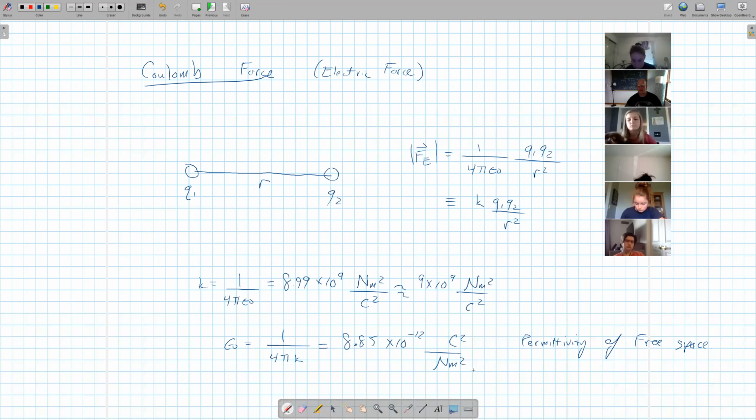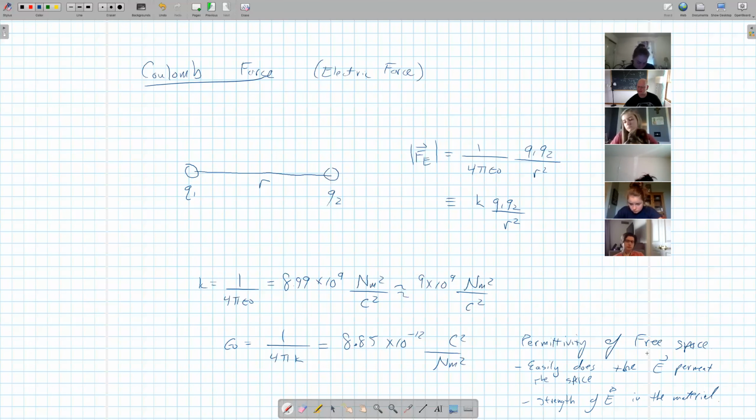You can think about the permittivity of free space in one of two ways. It's how easily the electric field permeates the space, and it's also a measure of the strength of the field, or the strength of E in the material.